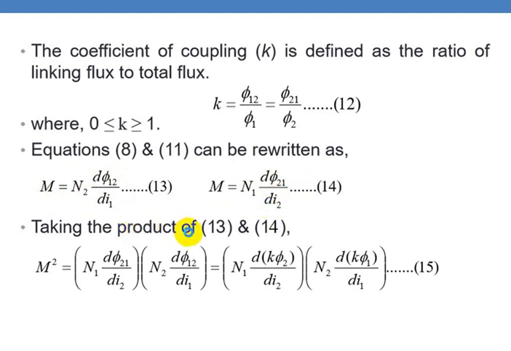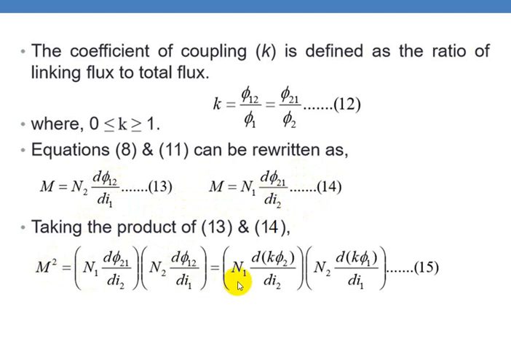Now taking the product of these two equations 13 and 14, we get M square equal to N1 into d phi 21 by di2 multiplied by N2 into d phi 12 by di1.